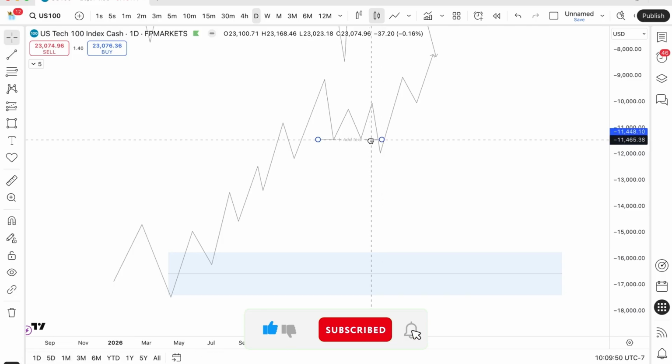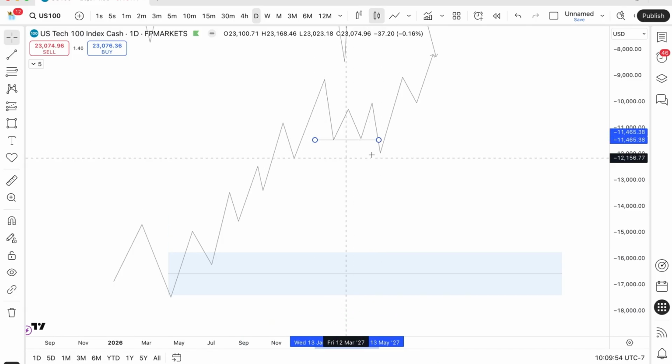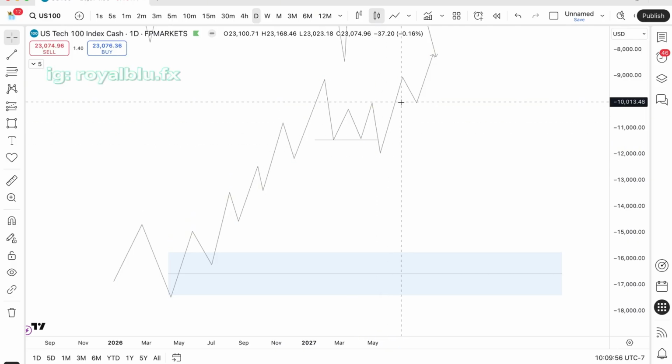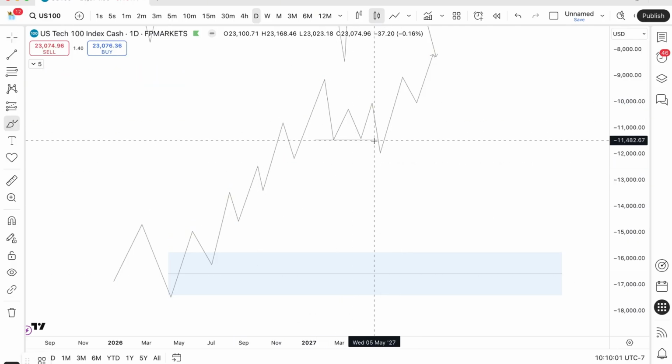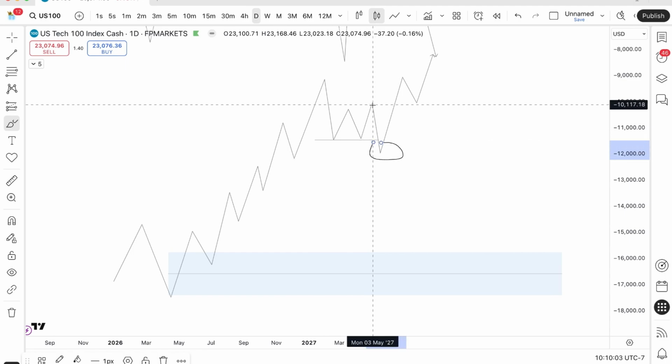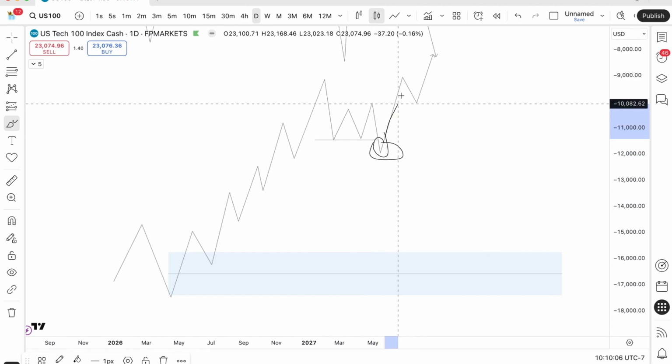Notice how I spotted liquidity first before supply and demand. Swept that liquidity, and now I know that I'm looking for buying pressure because I'm already looking for buys. So in this example, liquidity swept, I would have looked for some confirmation internally and here on the lower time frame to take price bullish.